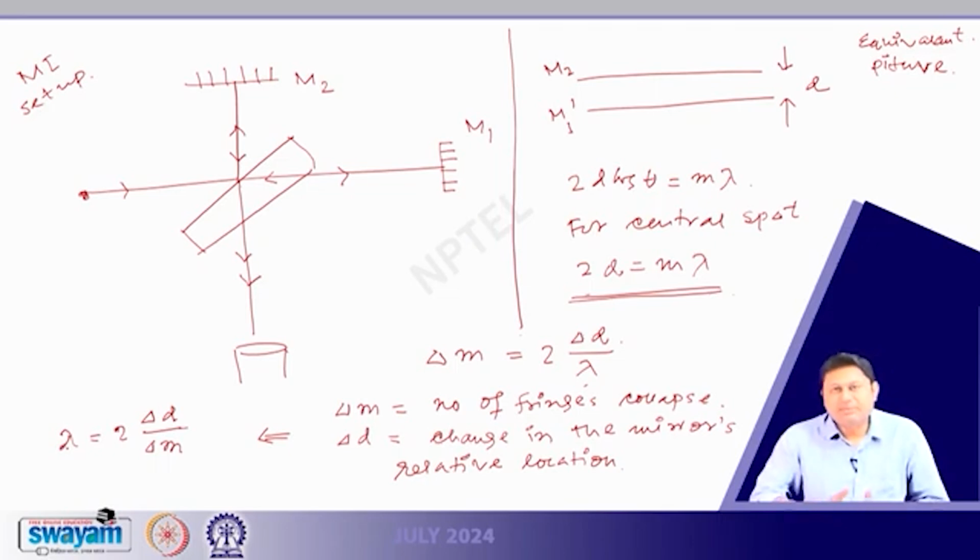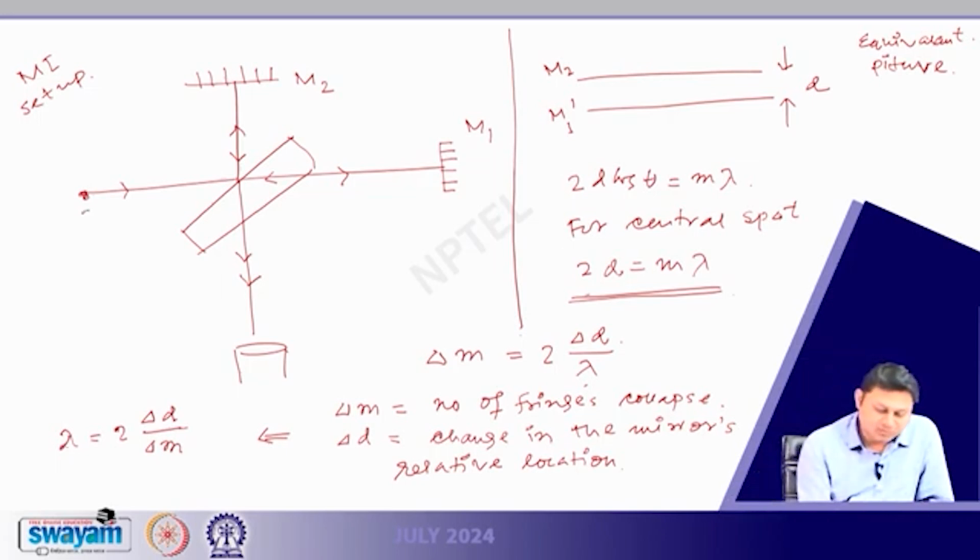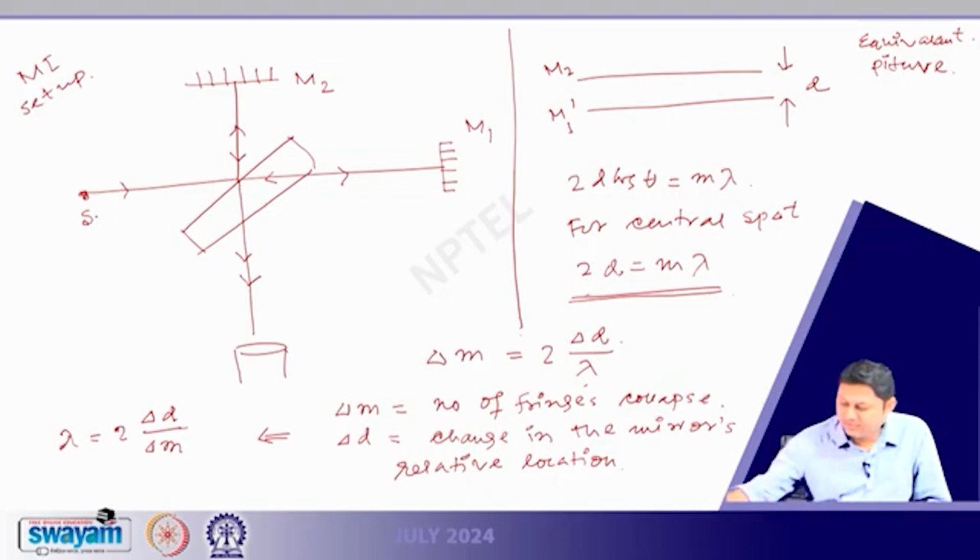During the experiment, a source is emitting light with unknown wavelength, and using this setup, by changing the relative path difference between these virtual sources, we can see how these two lights interfere, forming a pattern, and then gradually change the relative location of the mirror.